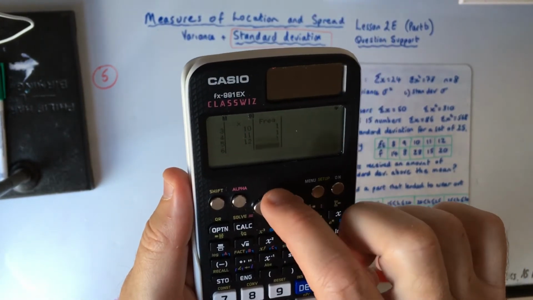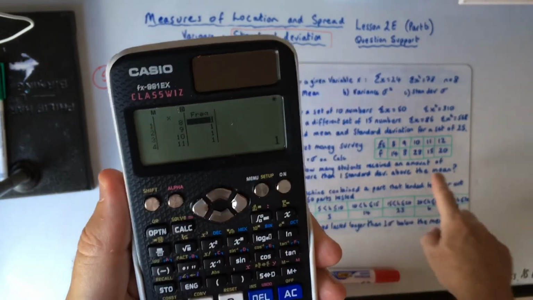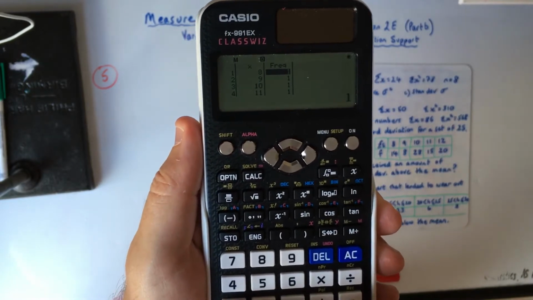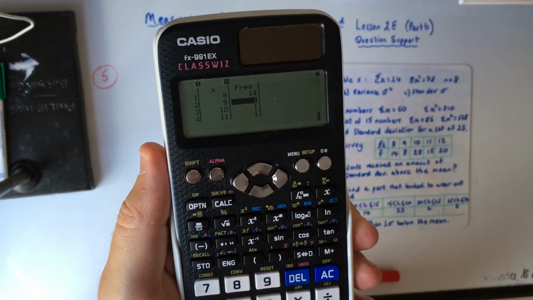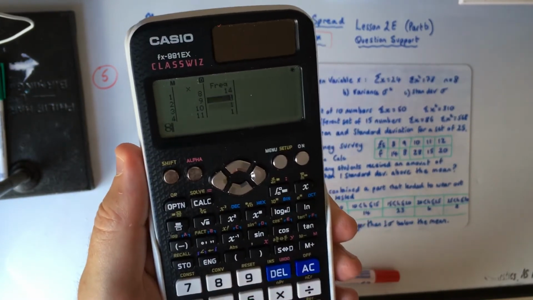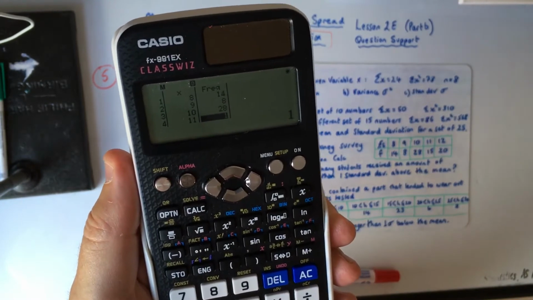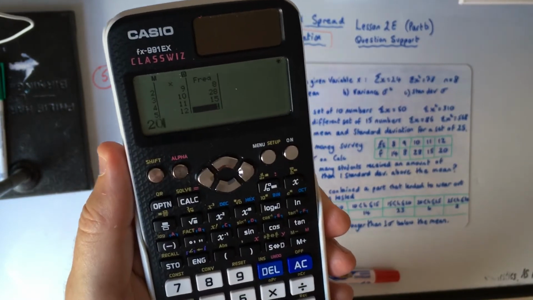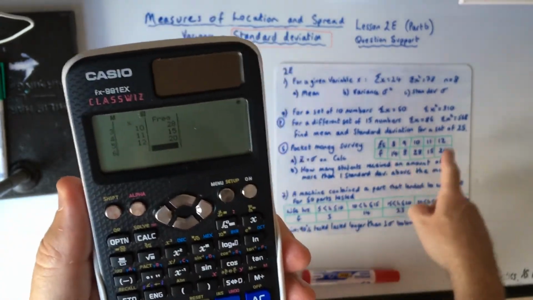Then I move my cursor back up carefully till I get to the line that's 1 next to the 8, and there's actually 14 students, so we're going to change that frequency from 1 to 14, and you just do that by typing in 14 and pressing equals. Okay, so 8 equals 28 equals 15 equals, and what was the last one, the spoilt ones, 20 equals. There we go. So we've put all that data in the table.